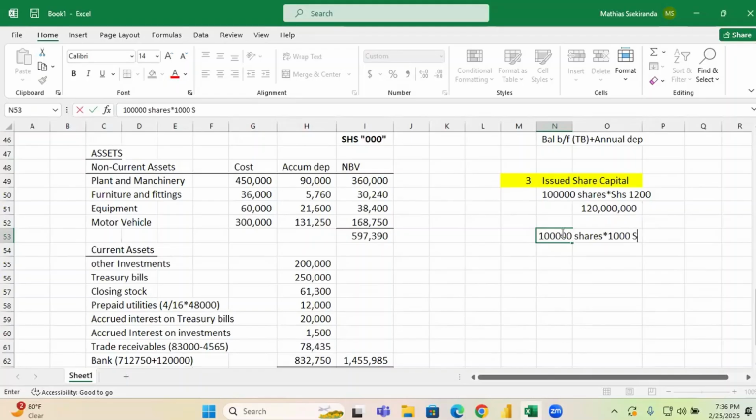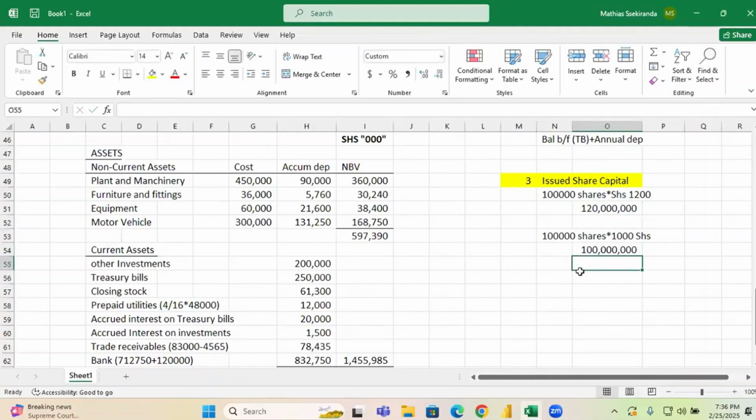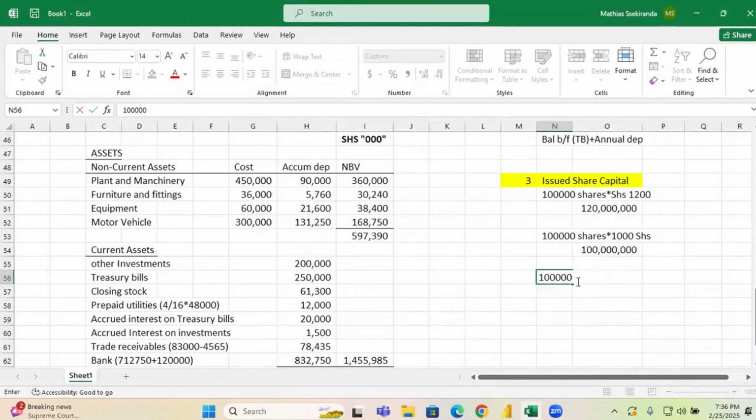If I'm only to get the nominal value, 100,000 shares times 1,000 shillings gives me 100 million. And if I'm to get the premium, I get 100,000 shares times 200 shillings, and what I get is what we call the share premium.